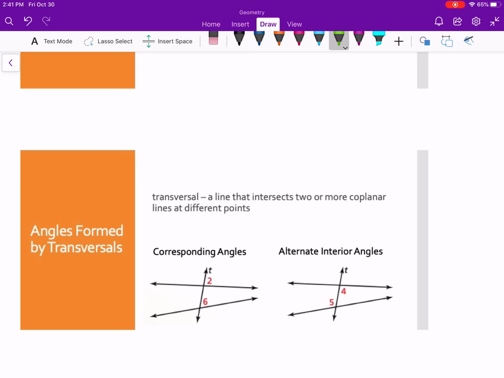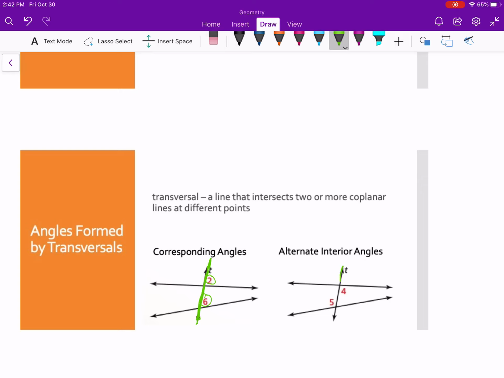They are on the same side of the transversal. So notice that 2 and 6 are both on the right side of the transversal. And then they're either both above or both below, or if we move the picture, both right or both left. So notice that they're both above their respective line, and they're both on the right side of the transversal. That means they are corresponding.